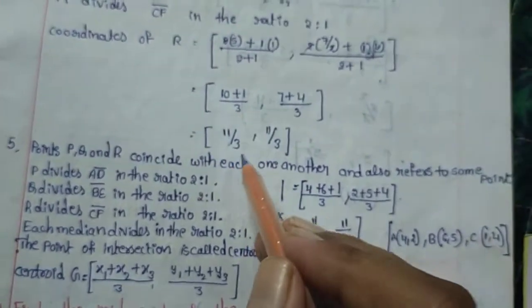P is 11 by 3, Q is 11 by 3, R is 11 by 3.